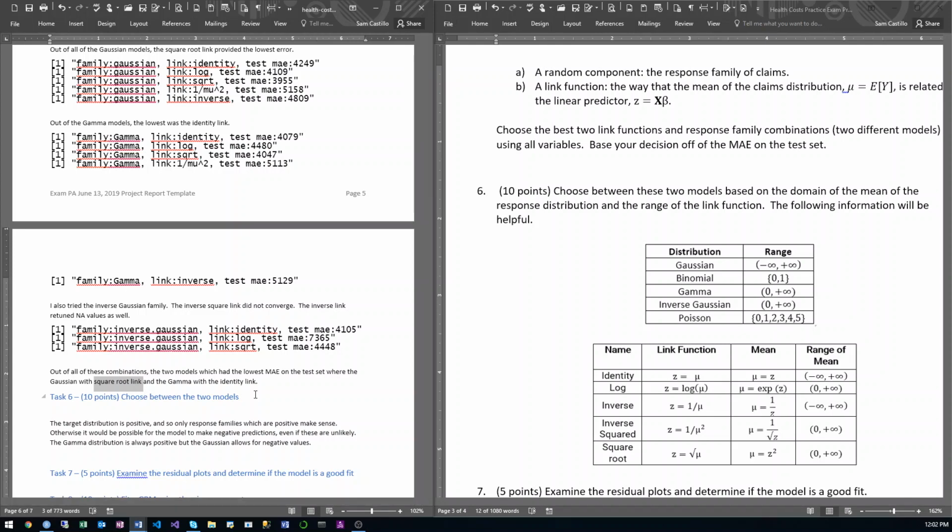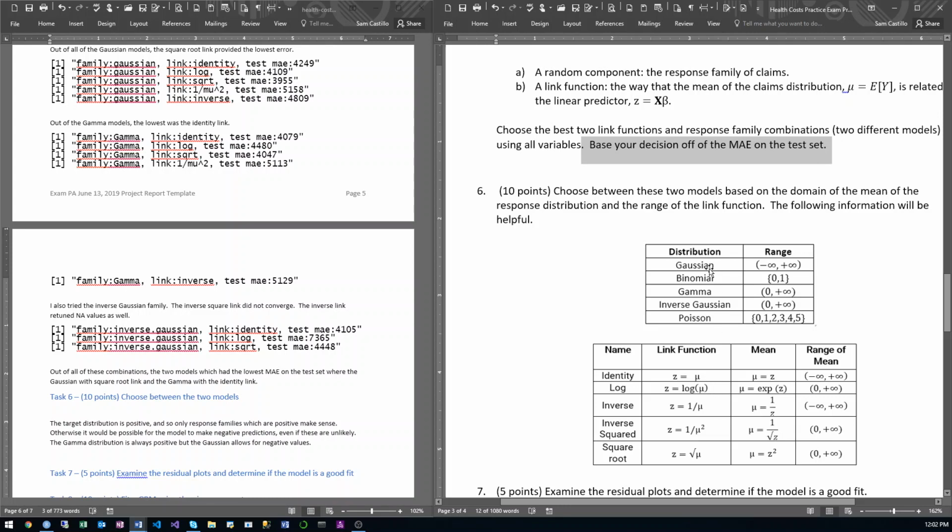If you have a link function, it relates the linear predictor x beta to the mean of the distribution. So if you say that your distribution is Gaussian and your link is log, you're saying that the linear predictor is equal to the log of mu, where mu is the mean of the distribution.